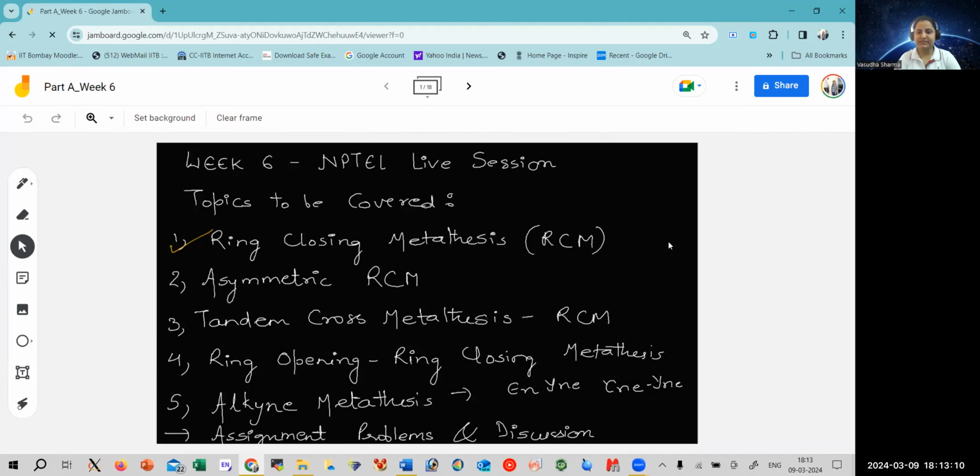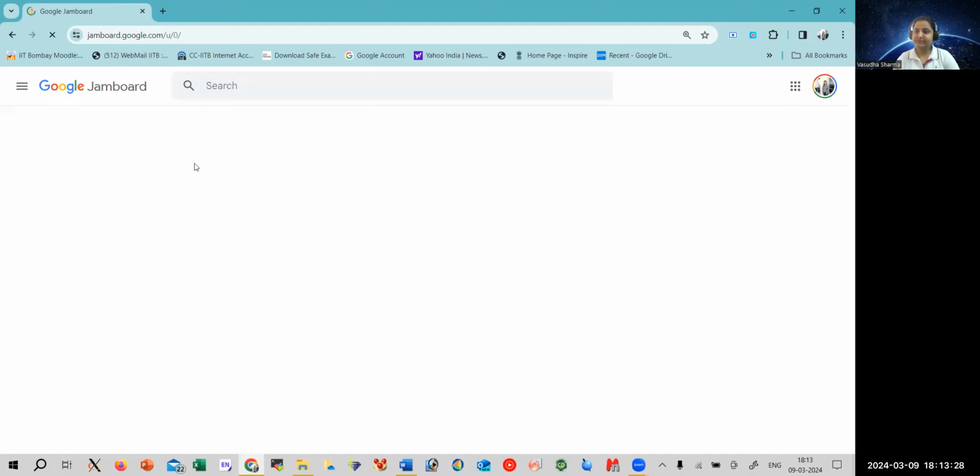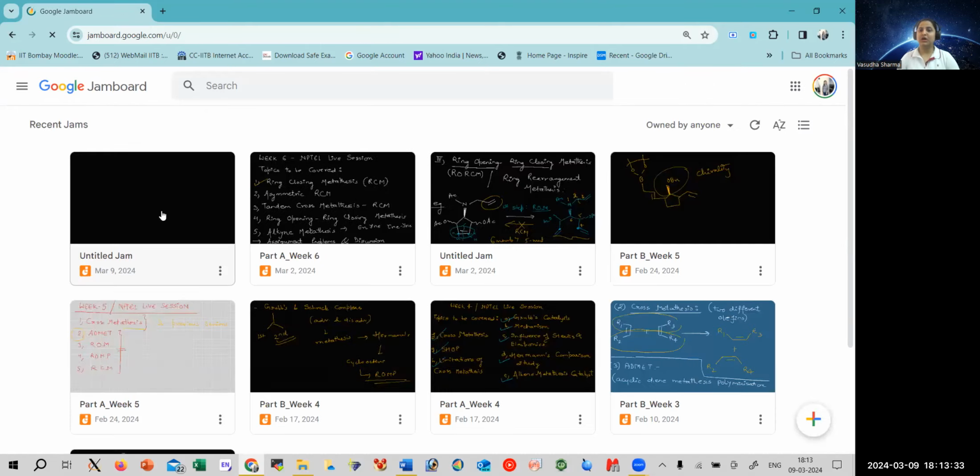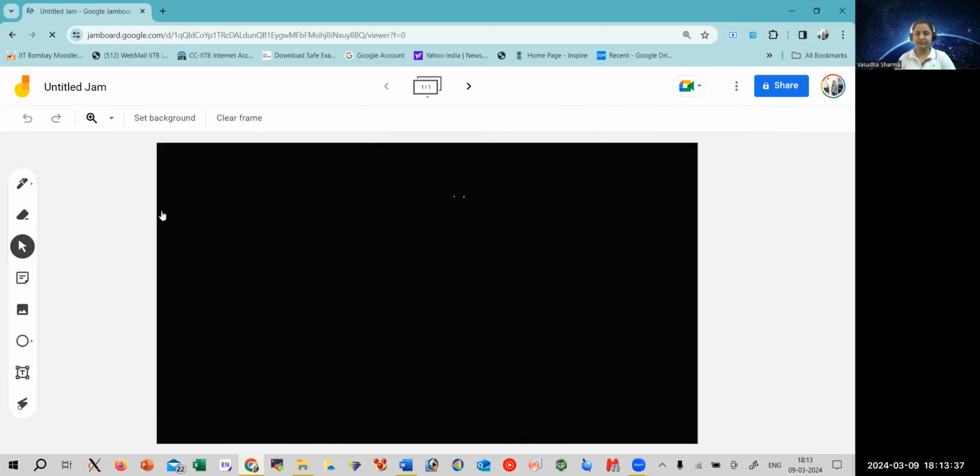We have basically covered these topics: ring closing metathesis, asymmetric RCM, tandem reaction, ring opening ring closing metathesis, and we initiated to talk about alkyne metathesis. In today's session, we will be taking alkyne metathesis, which involves both ene as well as ine. So how the mechanism and the things work, we will take that into picture.